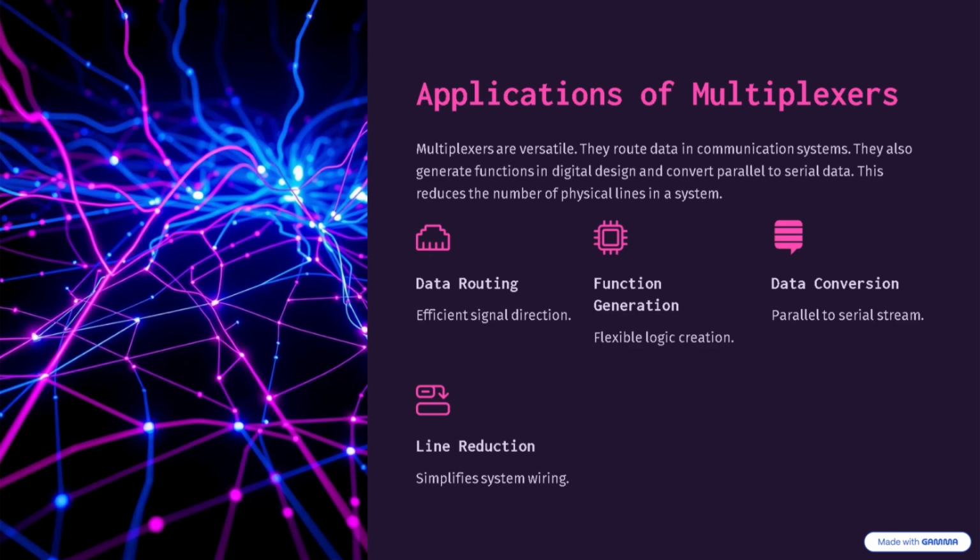It is easier to create a single-lane road compared to a 5-lane highway, a 4-lane highway, and so on. So those are some of the basic applications of multiplexers: data routing, function generation, data conversion, and lastly line reduction.